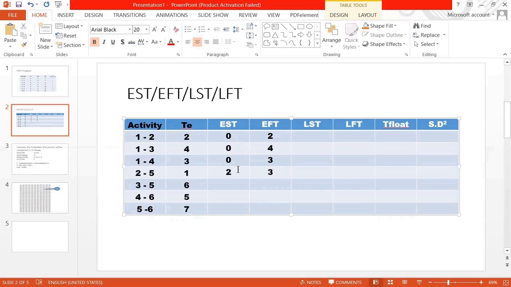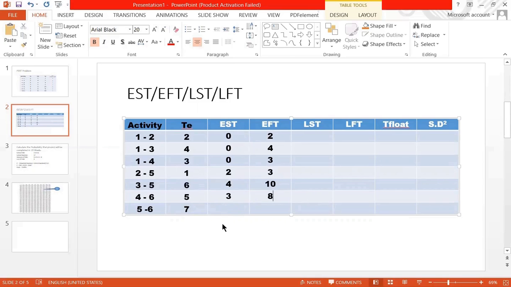We have added the duration or TE here, and for 3 to 5 activity the EST will be 4 and EFT will be 10. For 4 to 6 activity EST will be 3 and EFT will be 8.